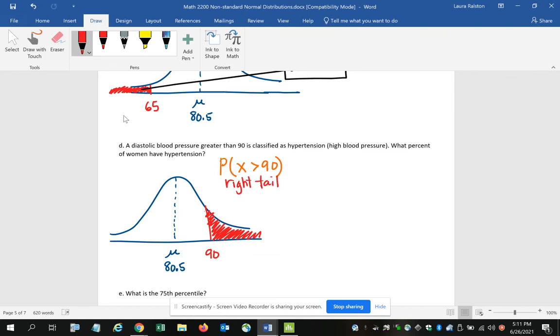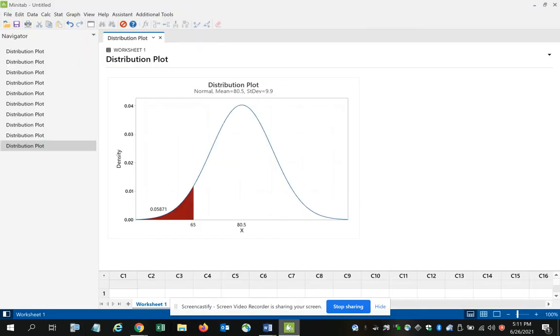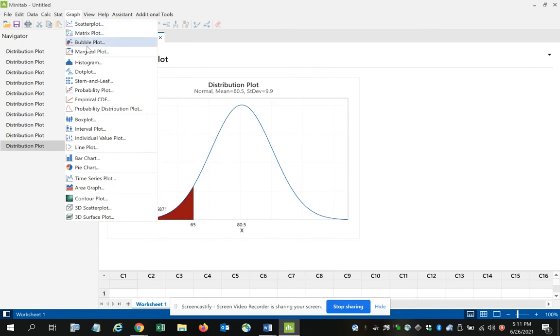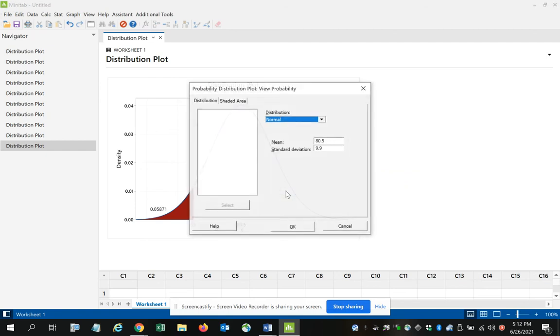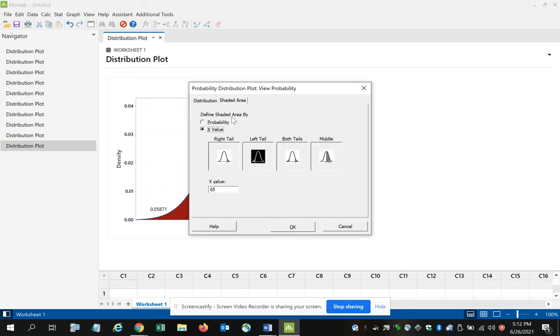Again, you start out with an x value, so your shaded area is defined by an x value. Minitab, graph, probability distribution plot, view probability. It's normal. Mean is 80.5. Standard deviation is 9.9. The shaded area is defined by an x value. It's a right tail. My x value is 90.